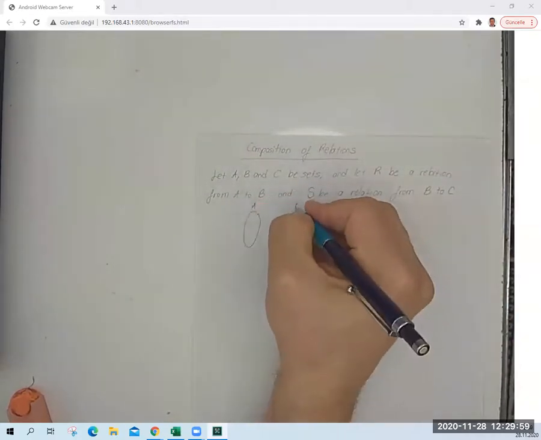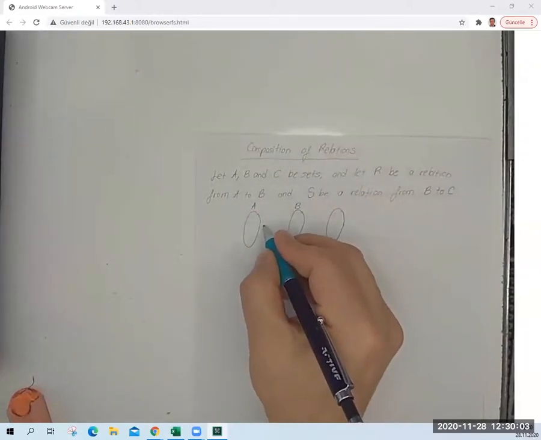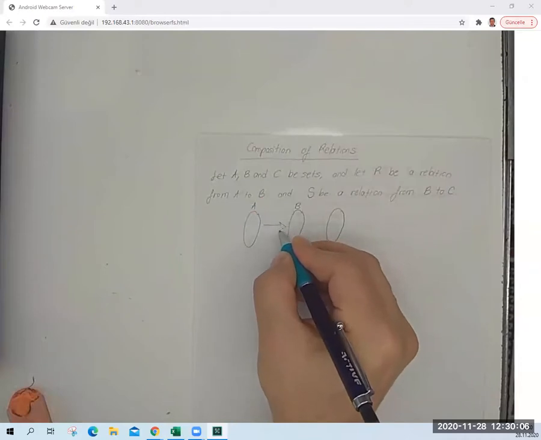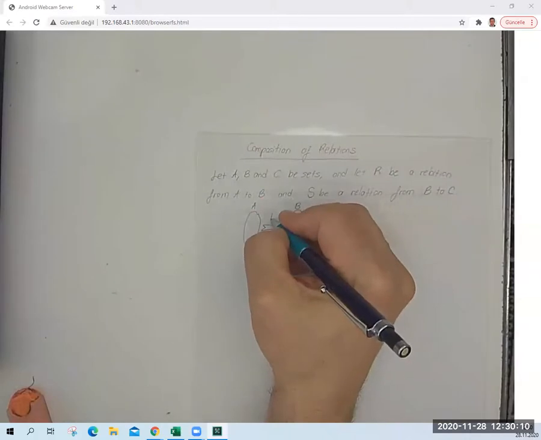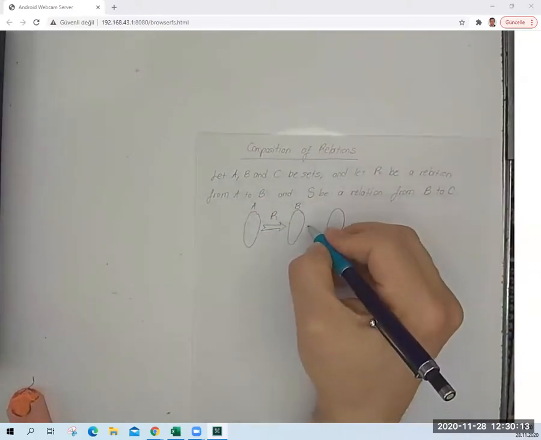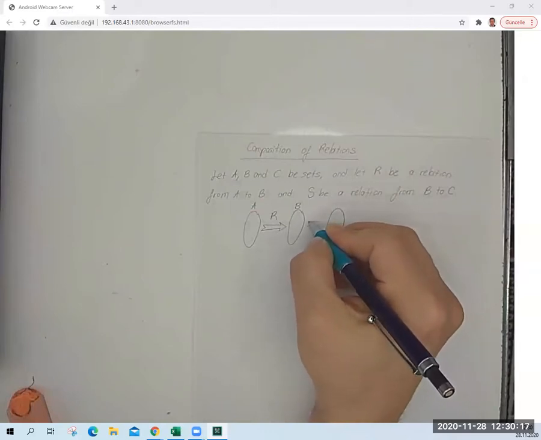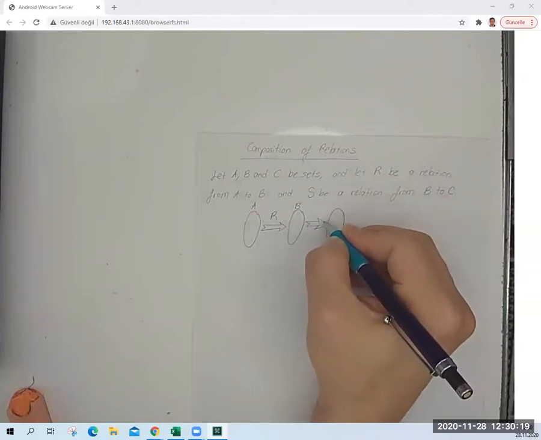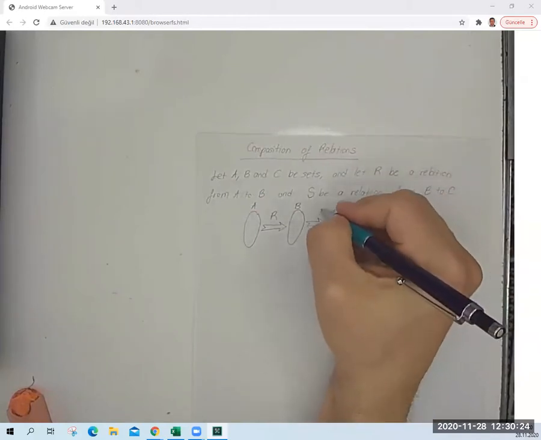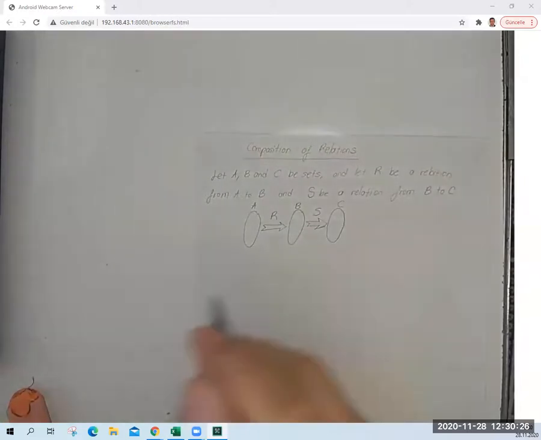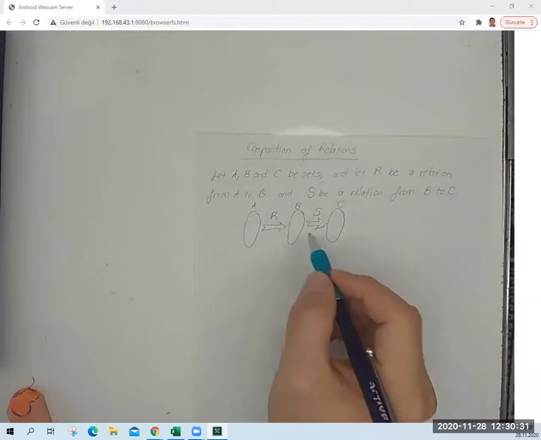We have a relation, so this is R, and we have a relation from B to C as S. We don't have any detail, we just mentioned it like that.